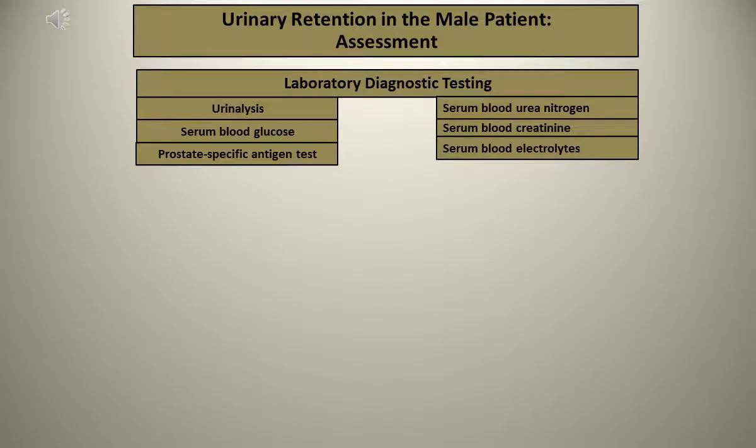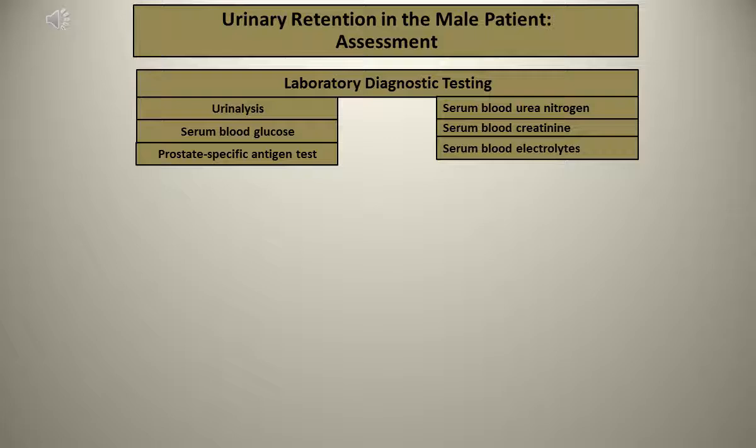Laboratory tests to assist with diagnosing the etiology of a urinary retention may include a urinalysis to evaluate for infection, hematuria, proteinuria, glucosuria, or a serum blood urea nitrogen, creatinine, electrolytes to evaluate for renal failure from lower urinary tract obstruction, a serum blood glucose to evaluate for undiagnosed or uncontrolled diabetes mellitus in neurogenic bladder, a prostate-specific antigen test or PSA, which would be elevated in prostate cancer.